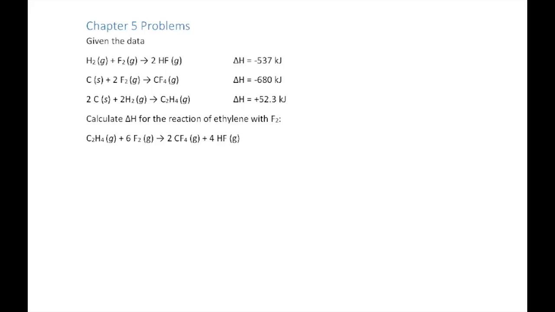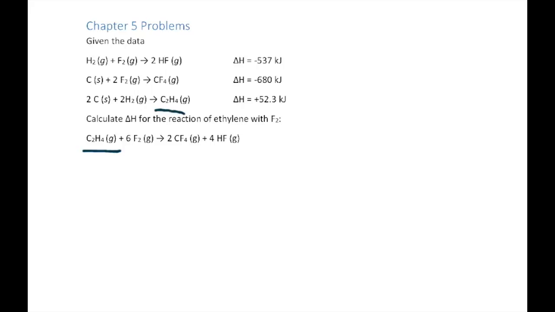Basically, I always like to start with the most unique element. So, what is unique to this reaction? I'm looking at the C2H4, the ethylene, and the three subcomponents, and the only equation in which it appears is the third one.